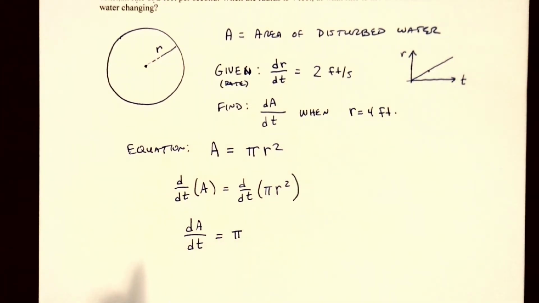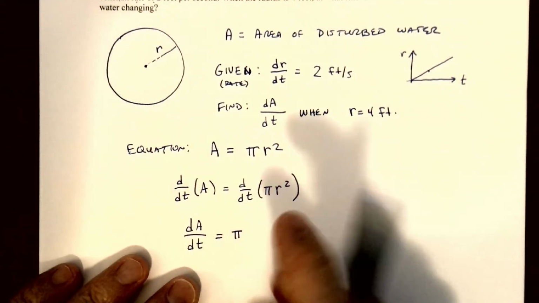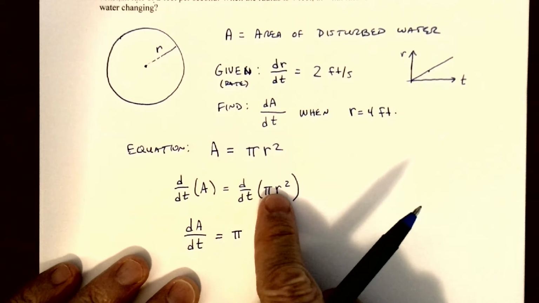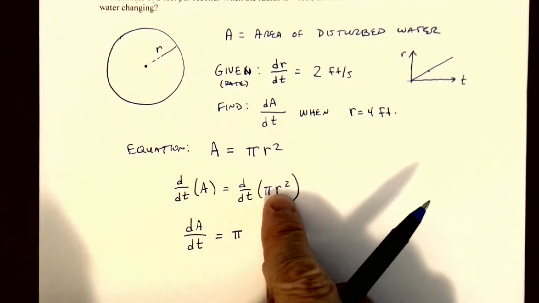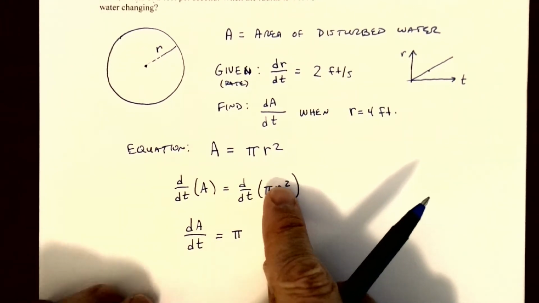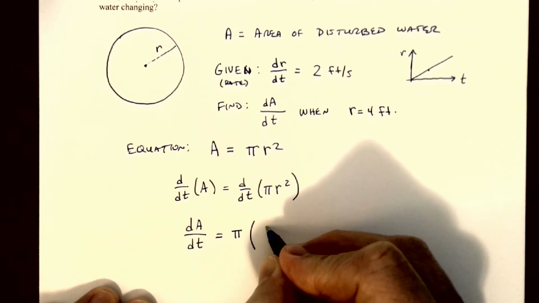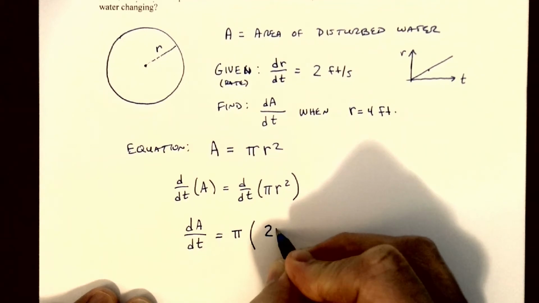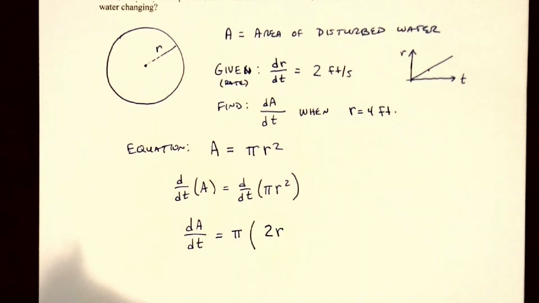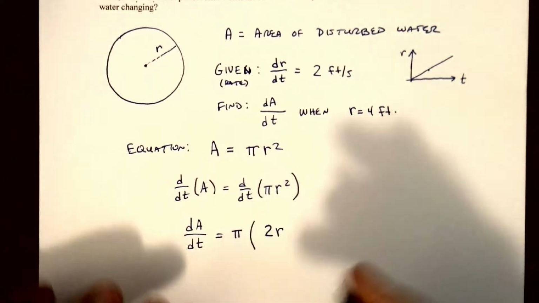And we take the derivative of r squared. How do we take the derivative of r squared? Well, be careful. It is the chain rule. The outer function is r squared, the squaring function. The inner function is just r. And so if I take the derivative of r squared by the chain rule, it's what? Derivative of r squared is 2r. That's the derivative of the outer function evaluated at the inner, times the derivative of the inner function.